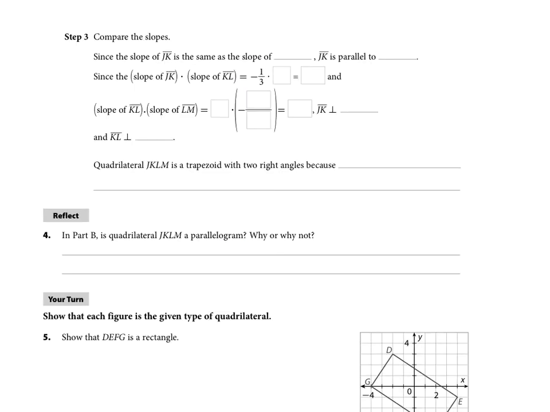Now we're going to compare the slopes. Since the slope of JK is the same as the slope of LM, those opposite sides, then we know that JK is parallel to LM. So that automatically makes it a trapezoid. But we were asked to make sure it's a trapezoid with 2 right angles, remember. So since we can say that the slope of JK times the slope of KL, which was 1/3 times 3, that product is -1, then we know we have a right angle there.